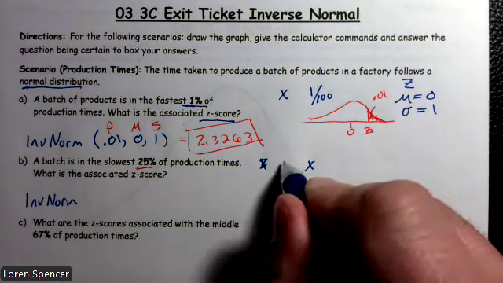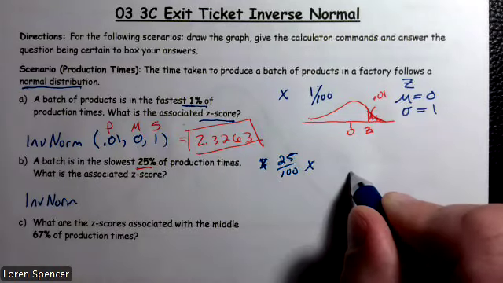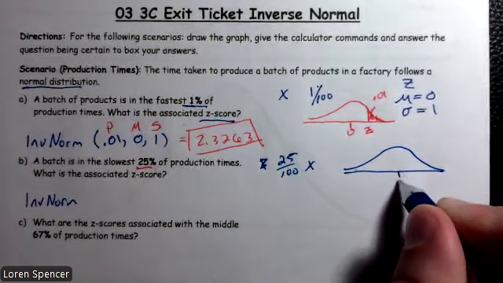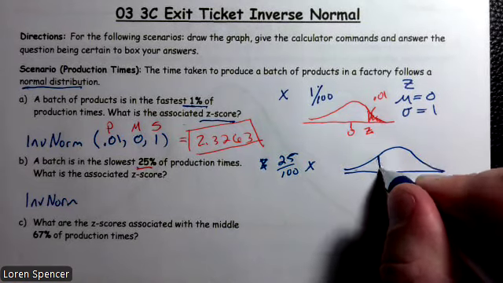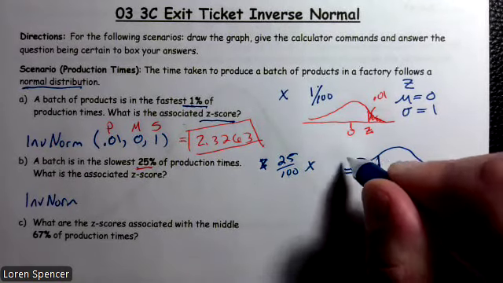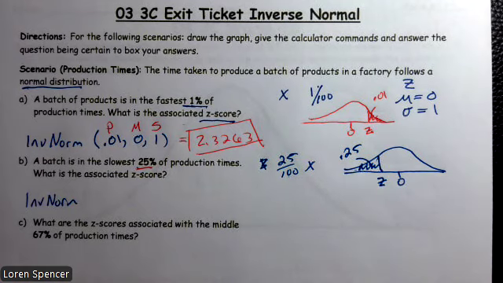Well, slow is going to be on the low side, so 25 over 100. This will be on the low side, and this will be 0.25. And we're looking for that Z-score.